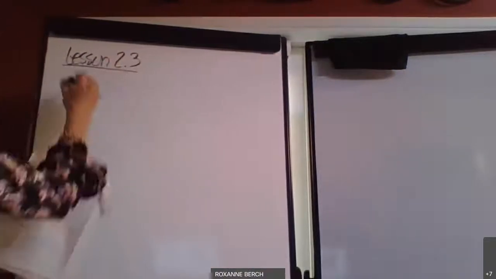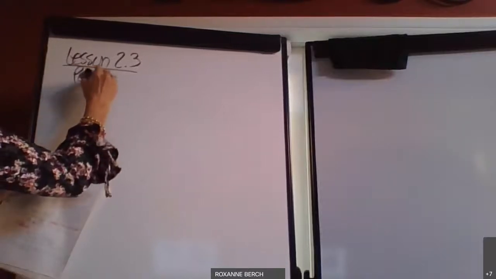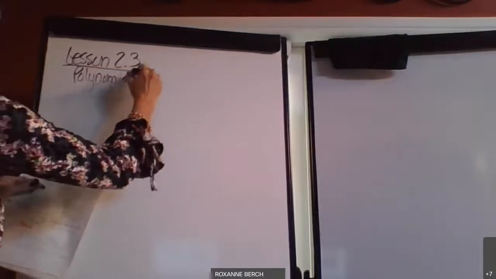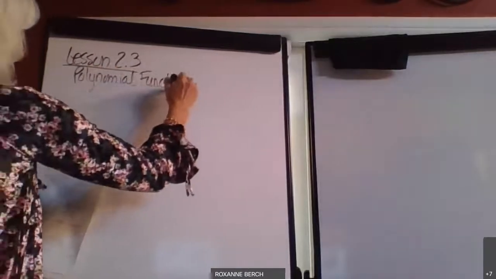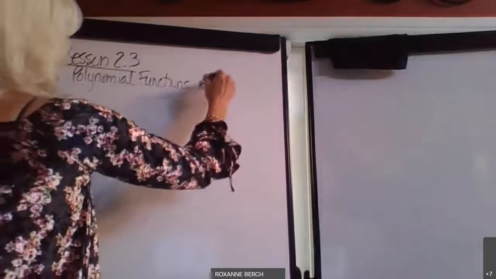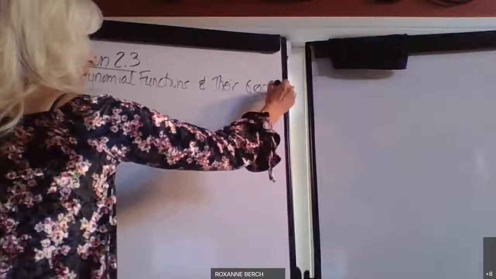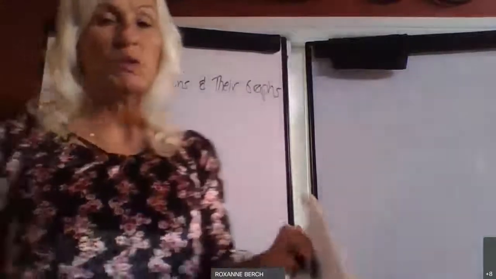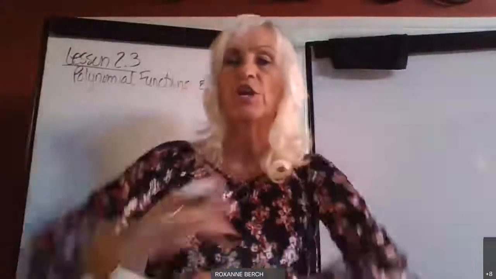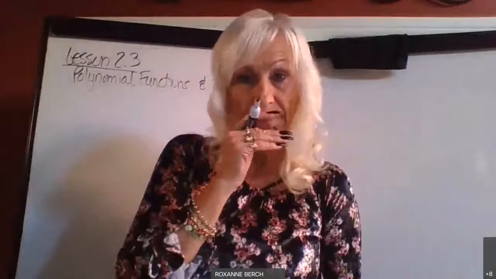So this is lesson 2.3, polynomial functions and their graphs. I'm going to give you a bunch of tools, and at the end, we're going to use all those things to graph.